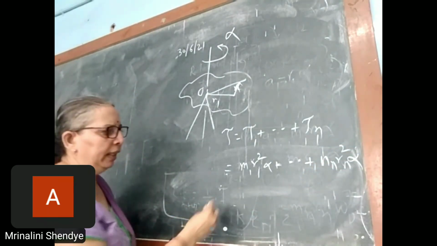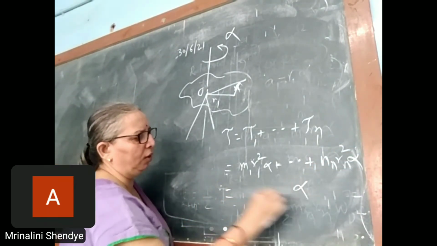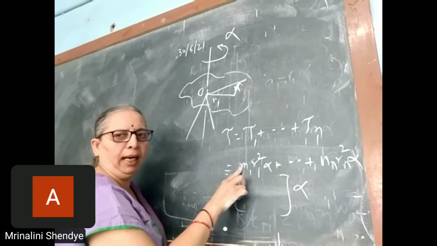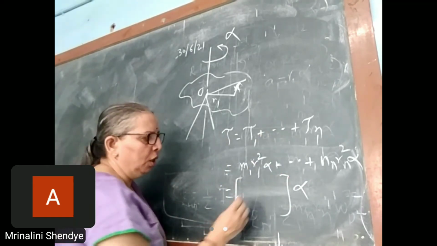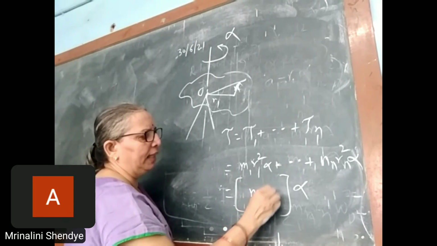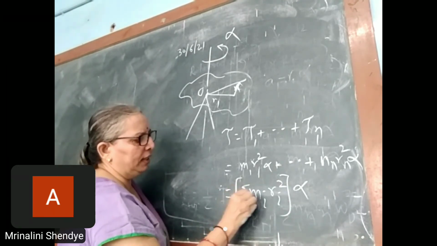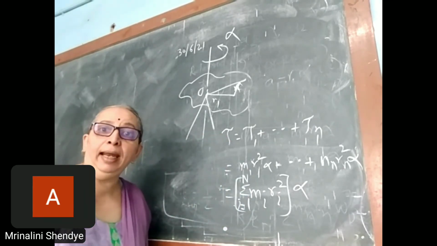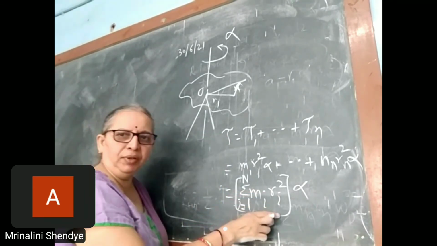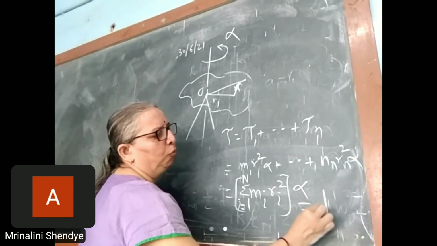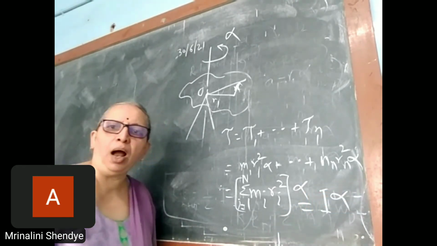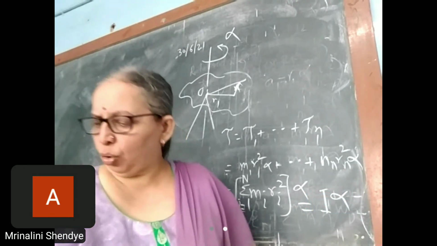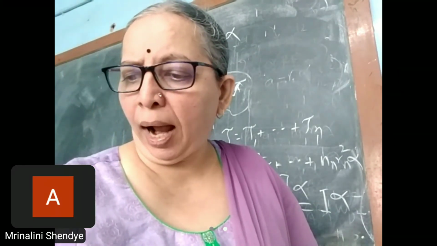When you write it in terms of making alpha common, taking all terms, mr square is common. So you can write it as summation m ri square, where the summation runs from particle 1 up to particle n. And by definition, this is nothing but moment of inertia. So I alpha. So tau is always equal to I alpha.